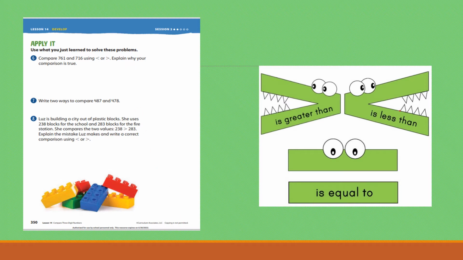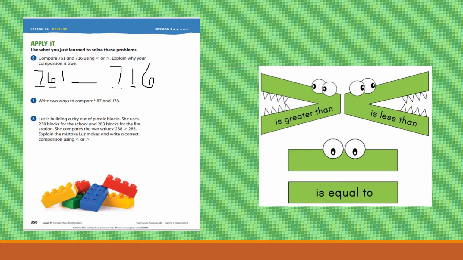Well, let's do this. Let's go 761. Then I'm going to leave a space because I need to put my more than and less than sign in there. And I'm going to put 716. All right, compare your hundreds, 700, 700. Compare your tens, 6 tens, 1 ten. Which ten is greater?